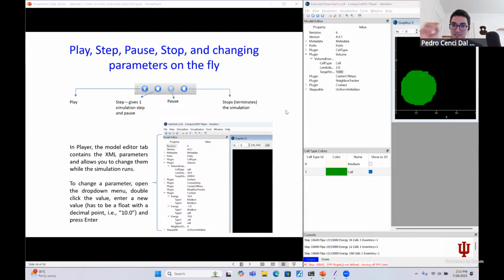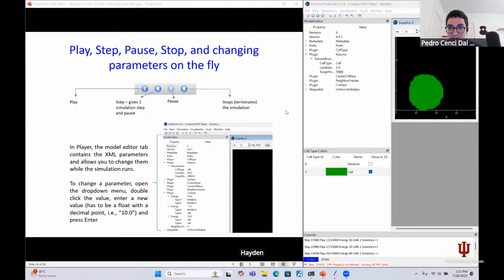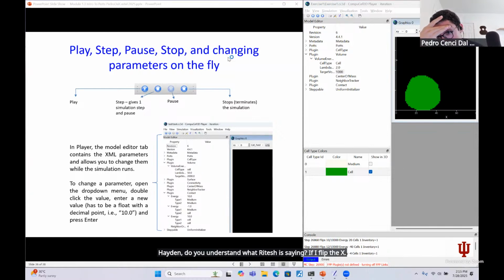If I flip the x, y of z equals 0 with x, y of z equals 1 with the same width, there is not a cell in the simulation. If we flip the x, y of z equals 0, I don't understand that. Hayden, do you understand what Ritesh is saying?